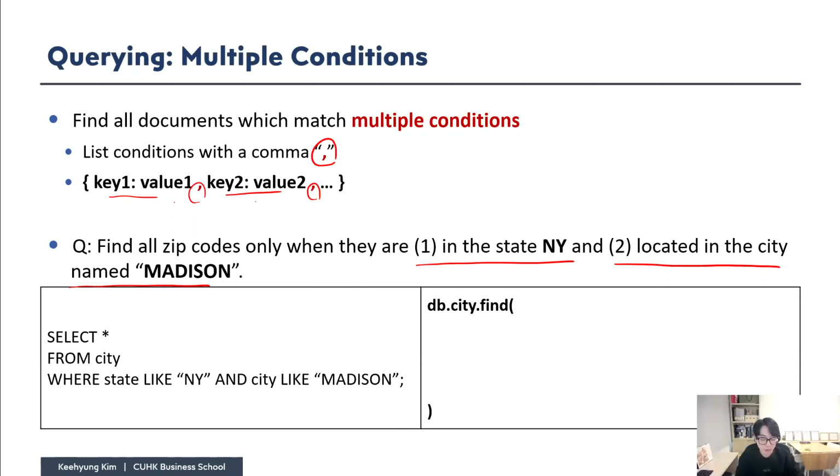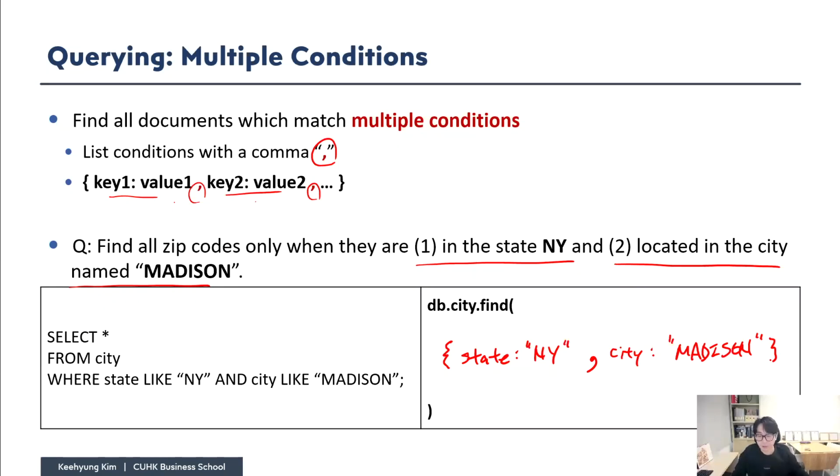When these two conditions are satisfied, you want to show and find those documents. Then you can use this rule. So basically, open bracket, and here the first condition is this: state should be NY and comma, and then you can specify the next condition, which is a city should be Medicine, like this.